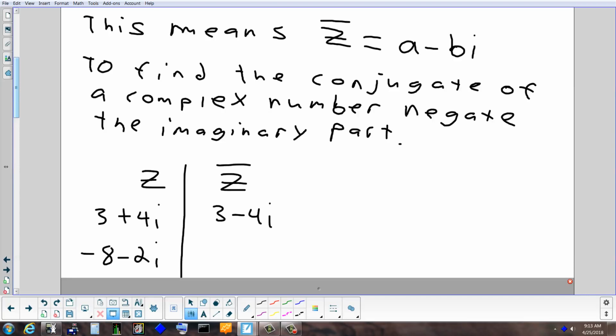It should be 8 plus 2i. Not quite, we did two things. So the directions say change the sign of the imaginary part. They don't say to do anything to the real part. Okay, so it's -8 plus 2i. Just like up above. We started with a 3, we ended with a 3. We don't touch the real part.